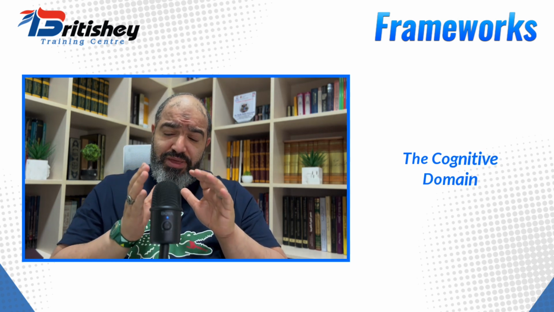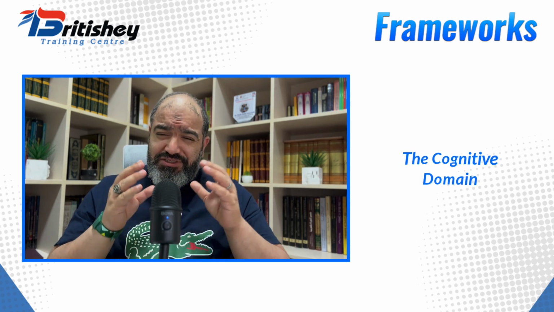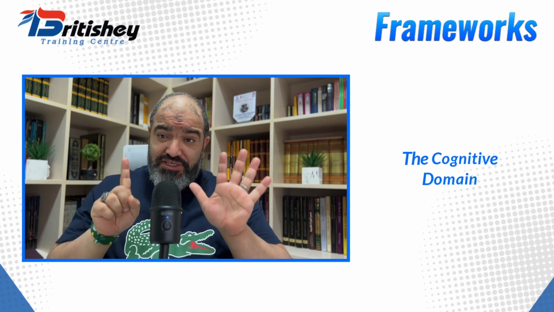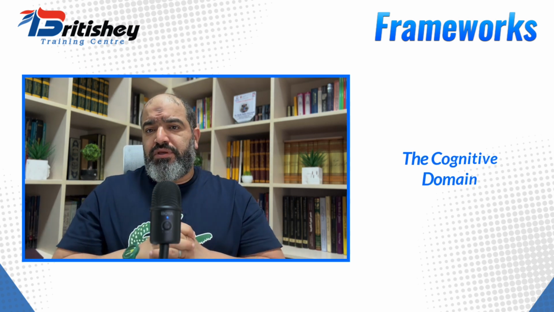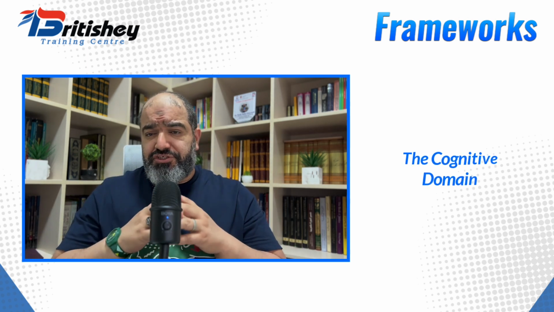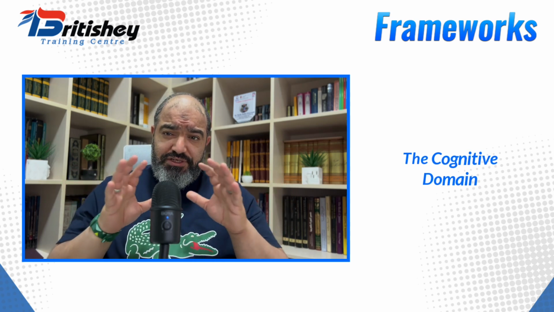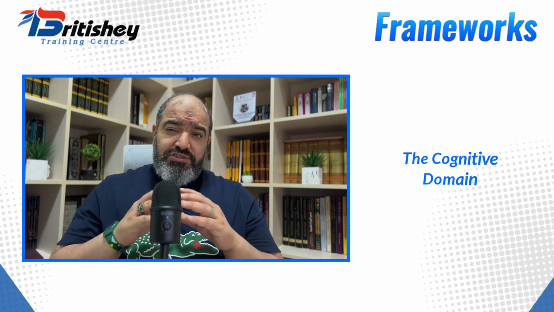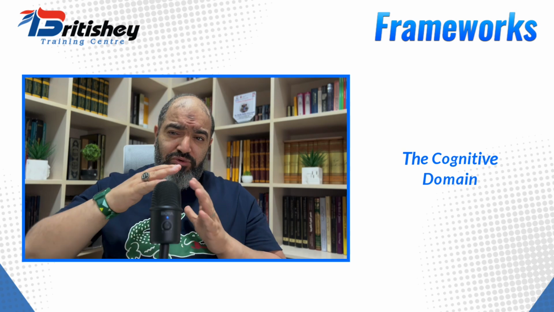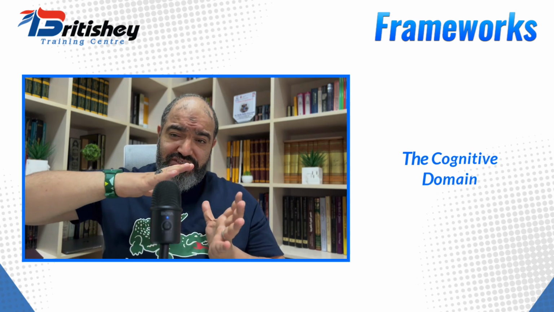And the cognitive domain has a set of levels, to be exact, 6 levels. Which means for you as an English teacher, if you want to build a lesson that is based on Bloom's taxonomy, your lesson plan will be divided into 7 stages.